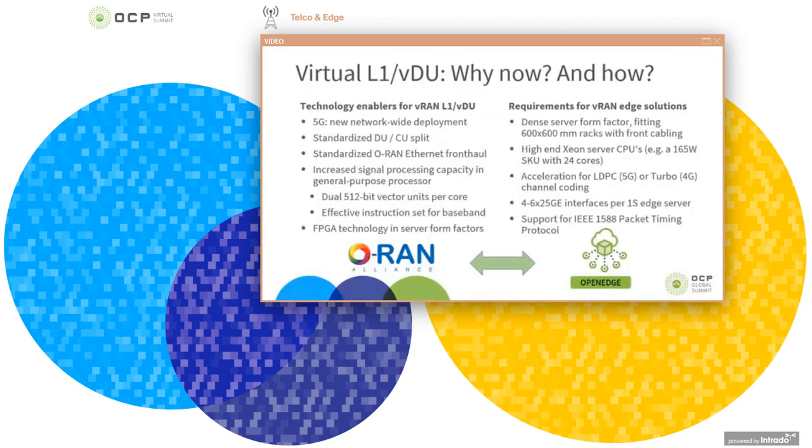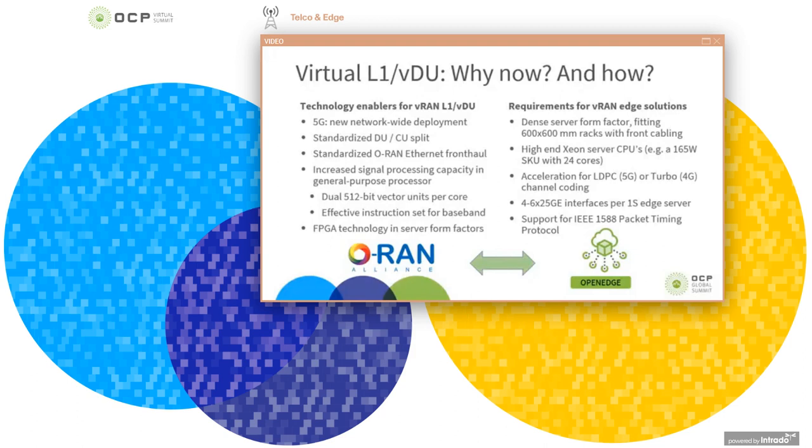Next, let's have a look at why a fully virtualized base station makes sense now and what the main requirements for it are. Recently, several technology enablers have appeared that are behind increasing interest and investment towards virtual layer 1. Firstly, 5G as a new network-wide deployment allows operators to choose the most appropriate implementation technology from a clean table.